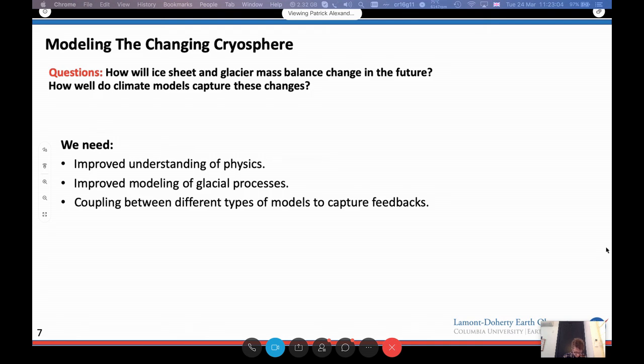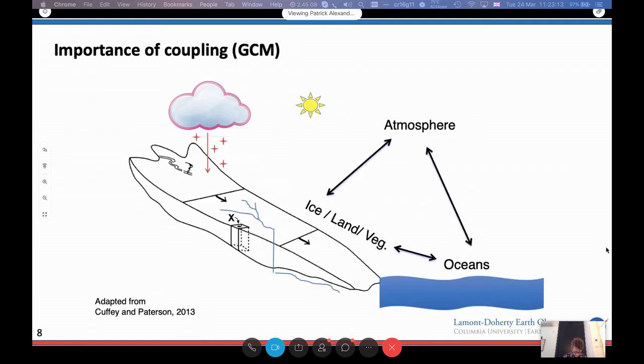So that's just illustrating the importance of coupling all of these. And ideally, we'd like to do that in one model so that we can capture all of these feedbacks. And obviously, since the global climate model simulates the whole Earth, that's the best kind of model for including all of these things together.